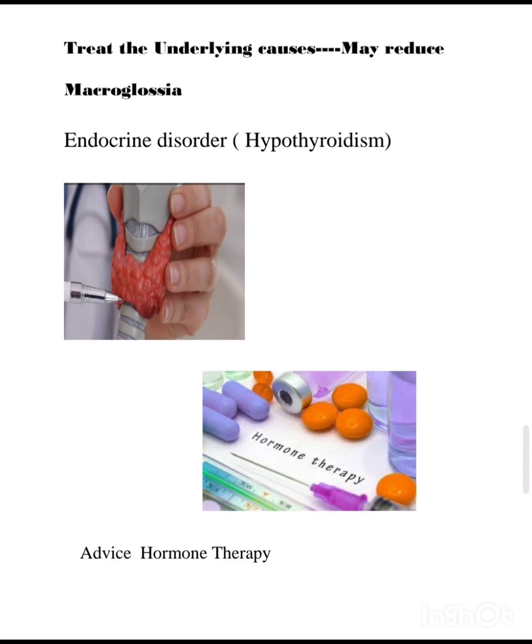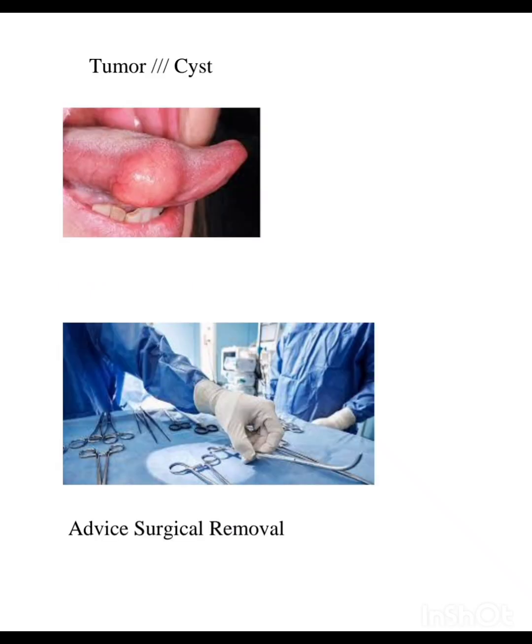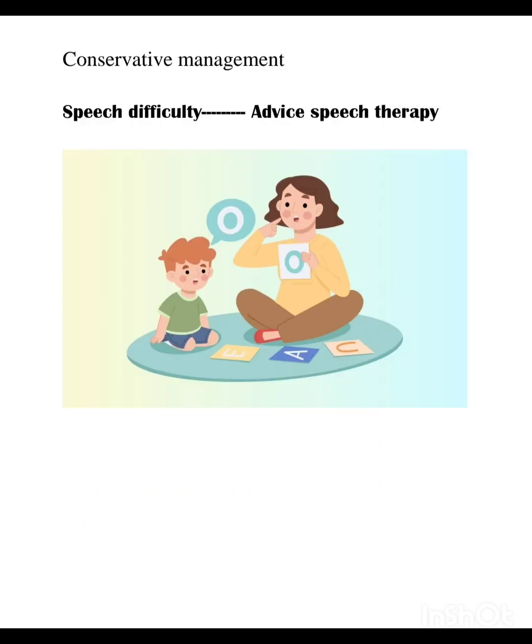For example, in cases associated with endocrine disorders, hormonal therapy may be recommended. If inflammation is present, proper medication should be advised. Well, in cases related to tumors or cysts, surgical removal may be necessary. In addition to that, conservative management may also be recommended.